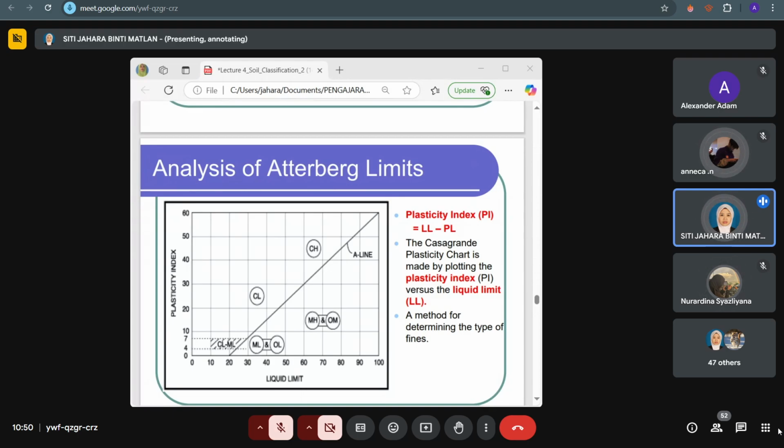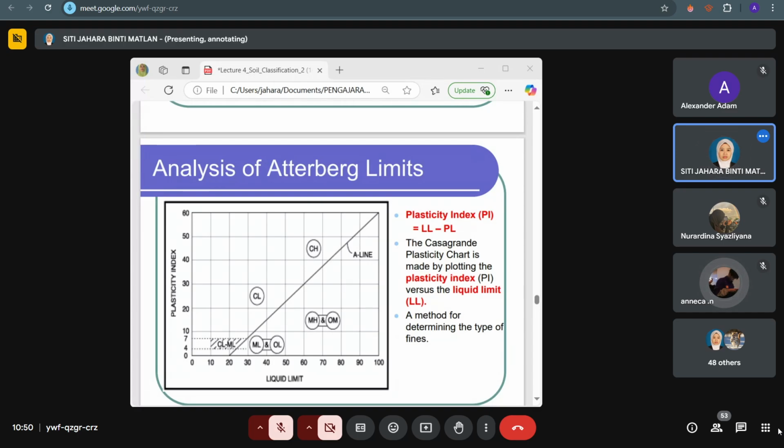So these LL and PL parameters can be determined based on the laboratory tests as mentioned in the previous slide. So PI can be calculated, which is plasticity index equals liquid limit minus plastic limit. We can use the values that we obtained to calculate the plasticity index.